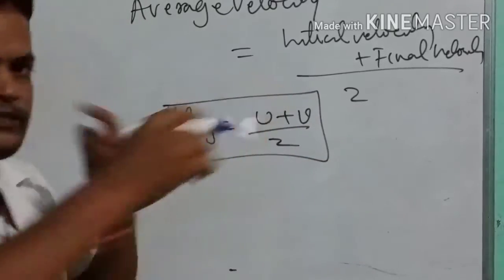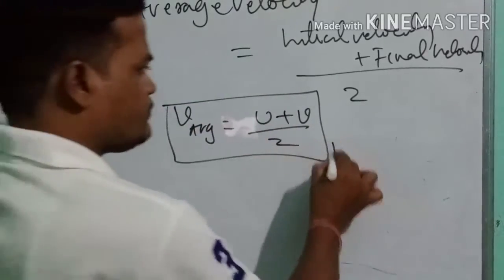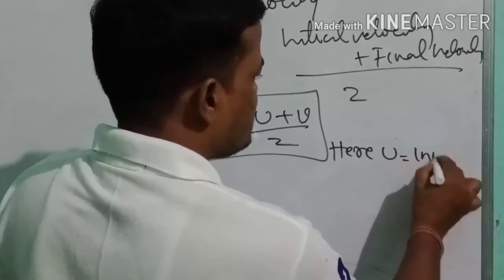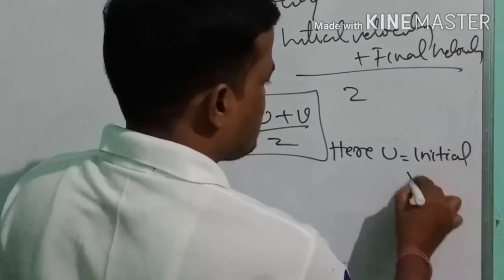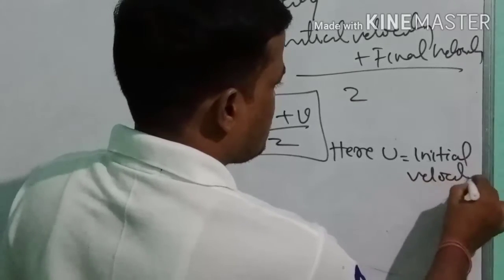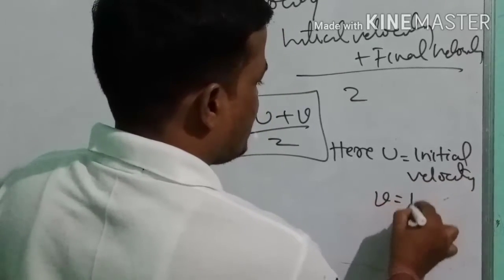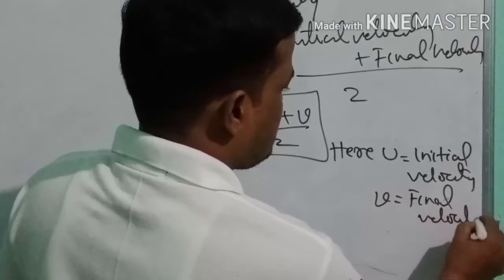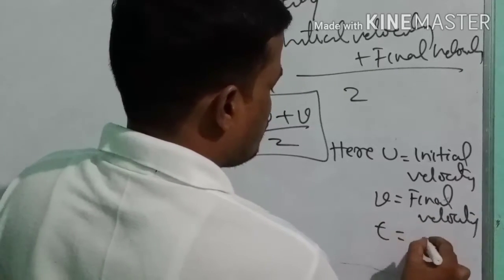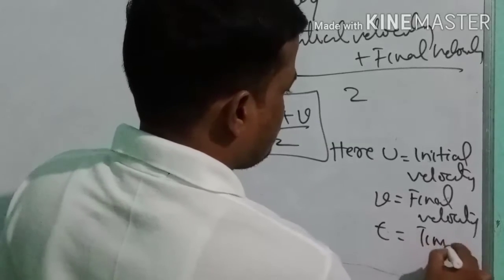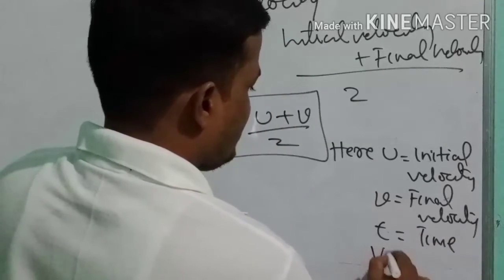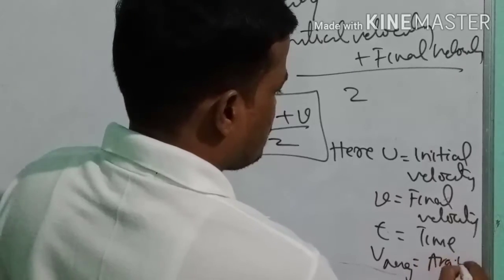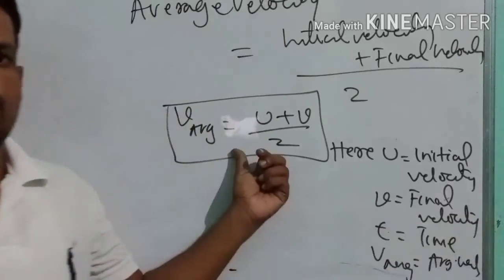This is called the average velocity. So here U is initial velocity, V is final velocity, T is time, and VA is called average velocity.